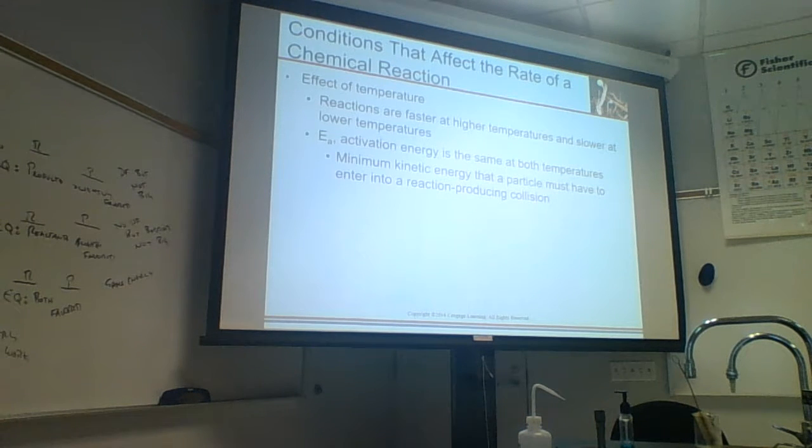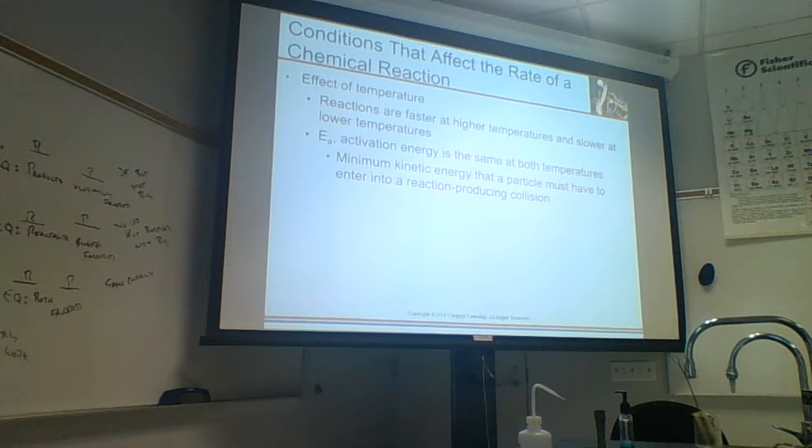If the bonds are really weak, the EA decreases. The EA shifts depending on the reaction itself, but the population is also going to shift depending on the temperature. And so at higher temperature, regardless of what your EA is, you're going to have a greater population of molecules that can climb over the hill and react.